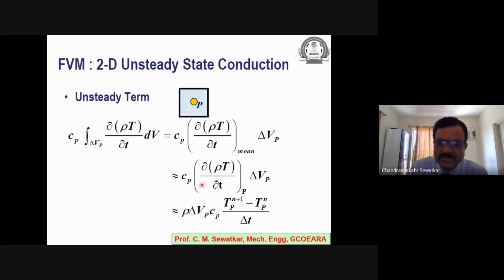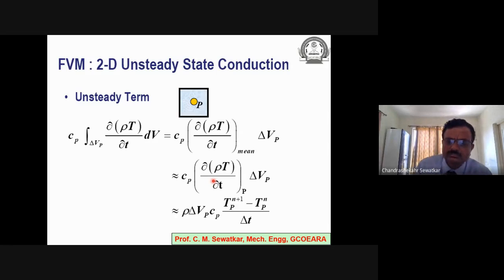So this differential at point P can be replaced by considering temperature at two consecutive time instances of point P.